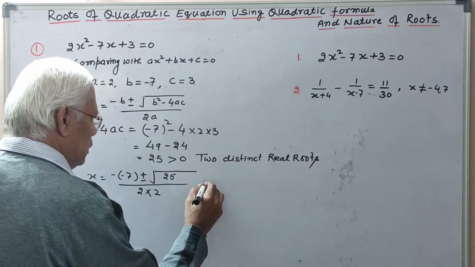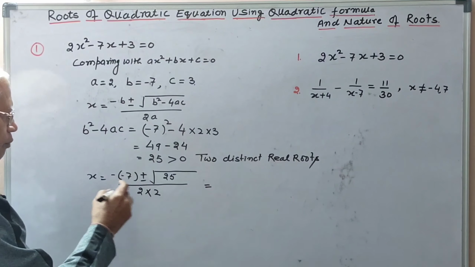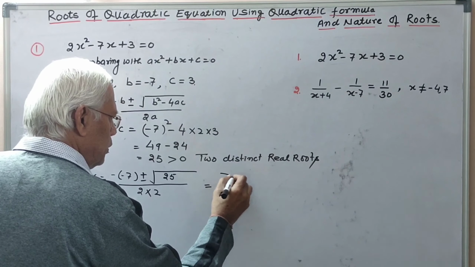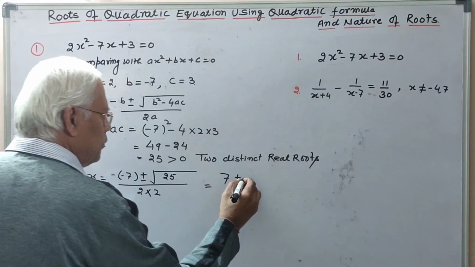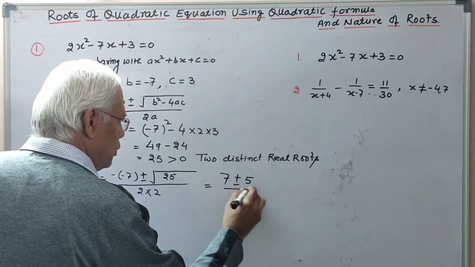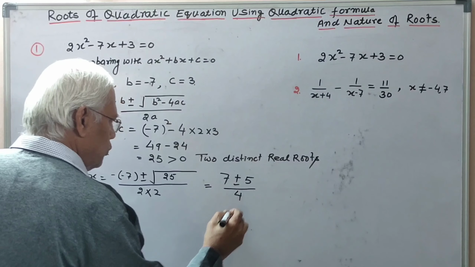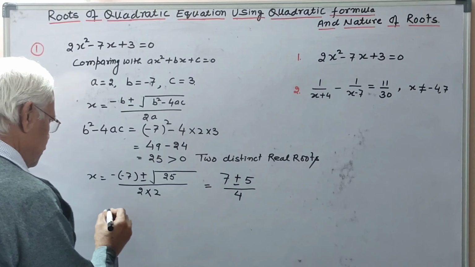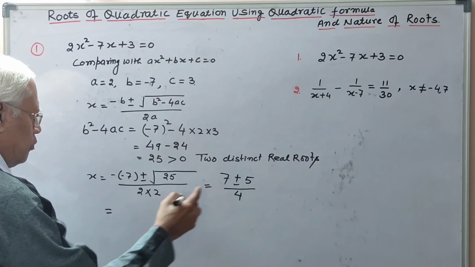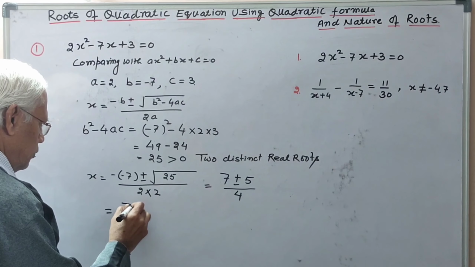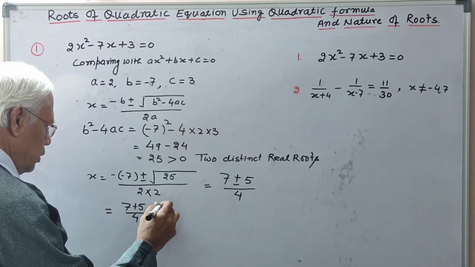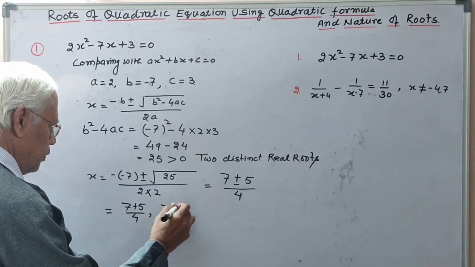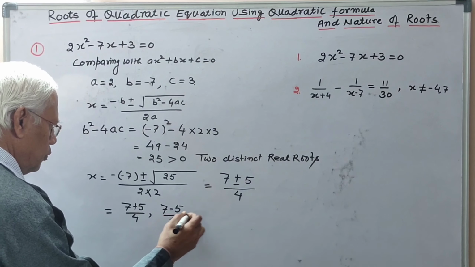So this is equal to minus minus 7, that is plus 7, plus minus square root of 25 is 5, and upon 4. So this is equal to 7 plus 5 upon 4 and 7 minus 5 upon 4.